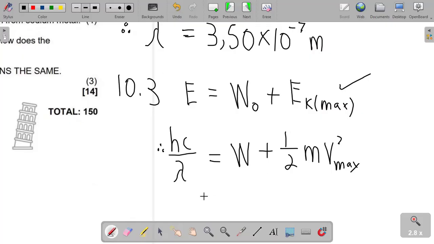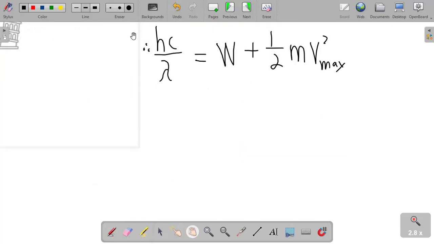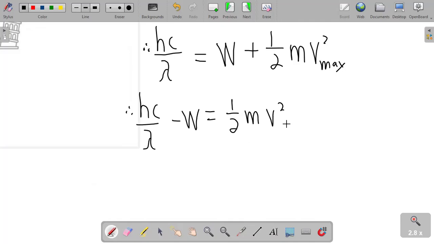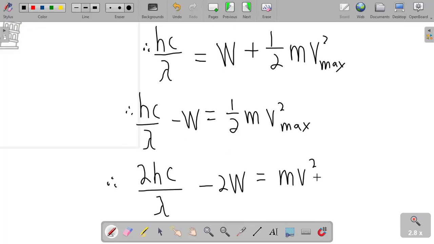And then hc over wavelength minus W equals to half, then m v squared max. So 2hc over wavelength minus 2W equals to m, and then v squared max.